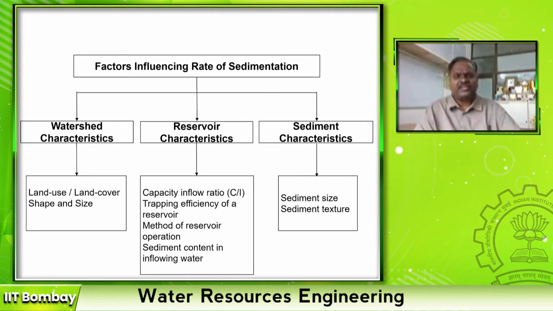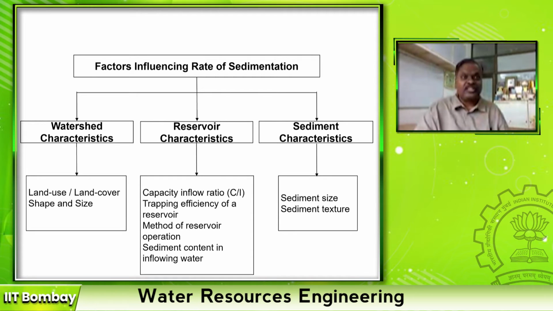The second one is the reservoir characteristics. Reservoir characteristics is nothing but how I am operating the reservoir and the sediment content which is coming into the reservoir. Then the third is the ratio of capacity and inflow. Suppose the capacity of the reservoir is more than the average inflow at the dam site, that means you are trapping almost all the water coming into the dam.